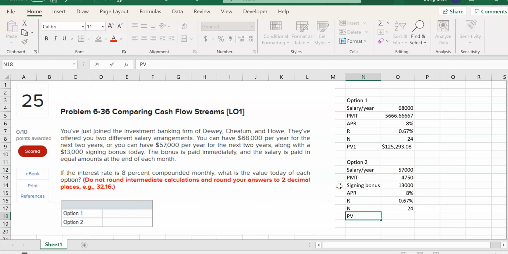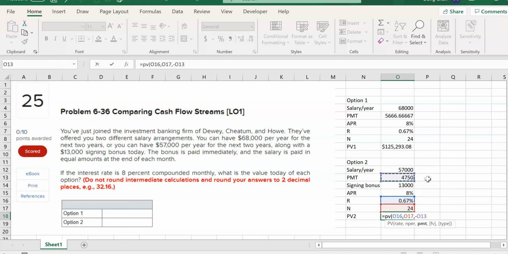Now the present value of the second option equals PV. The first argument is the interest rate, which is this monthly interest rate, NPER is the number of payments, and then the payment is right here. Again, to get a positive present value, I need to add a negative sign in front of this payment.